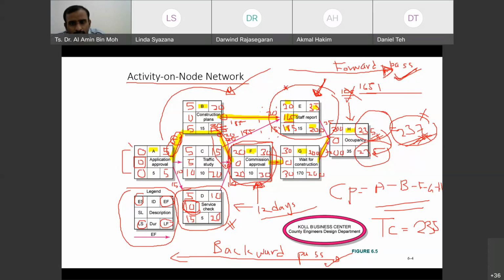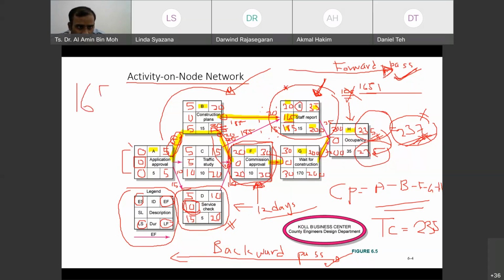Doctor, can you explain again about the not exceeding? Okay. So what's the slack here for E? 165.